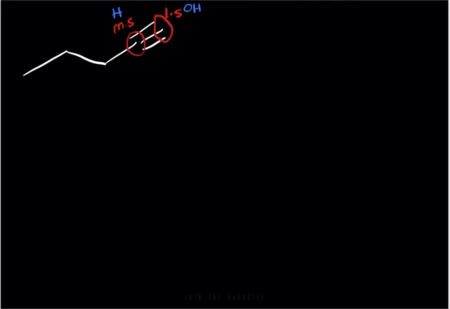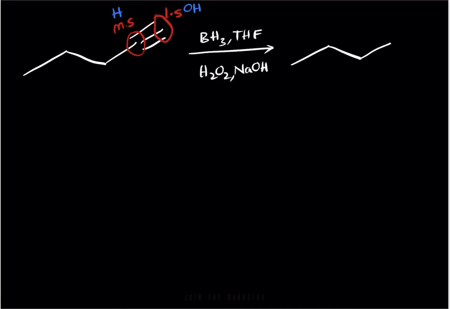In anti-Markovnikov addition, the reagents that you use are borane, tetrahydrofuran, hydrogen peroxide, and NaOH. In the initial reaction, you end up with a structure where you get hydrogen on this side and a double bond with an OH group. This is the structure of an enol.